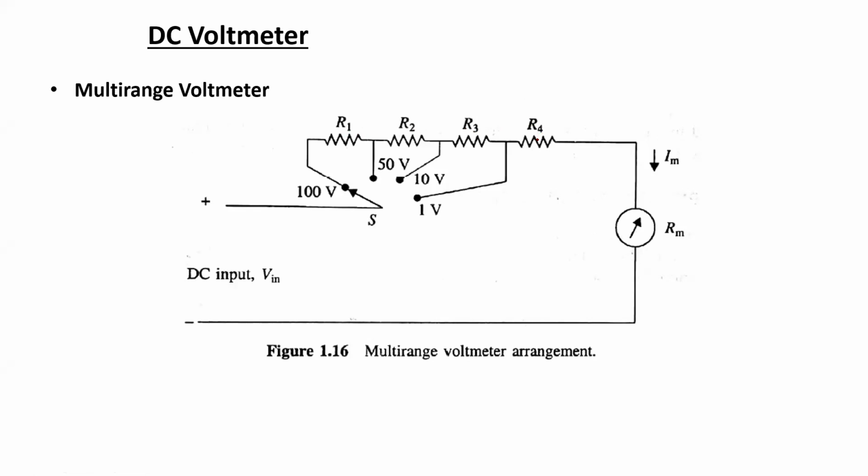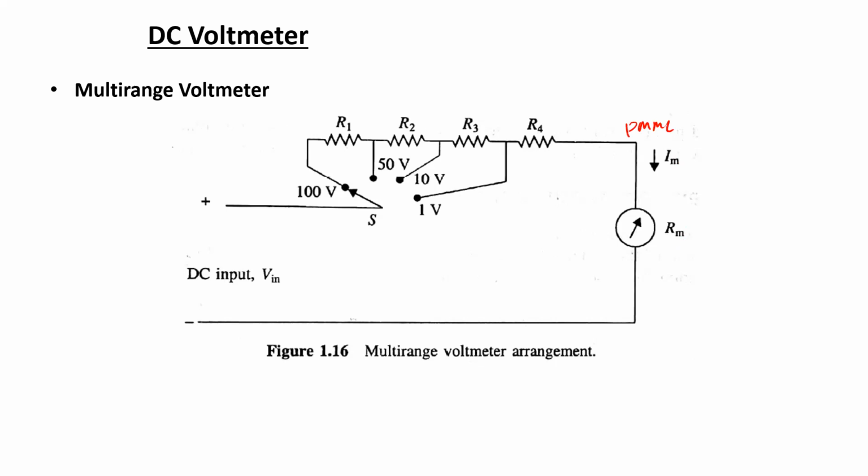So adding multiple multiplier resistances in series will, in each intermediate stage, increase the range of measurement as per the value of the resistance set by the manufacturer.